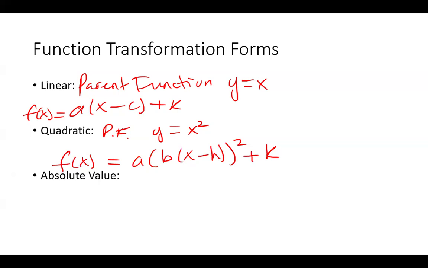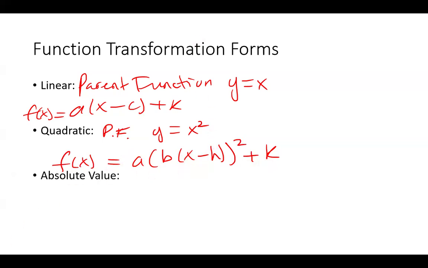Notice that your b has to be factored out. Your x has to have a leading coefficient of 1. So if this was 2, I would divide everything out by 2, and that would be my real h. It has to be factored out.